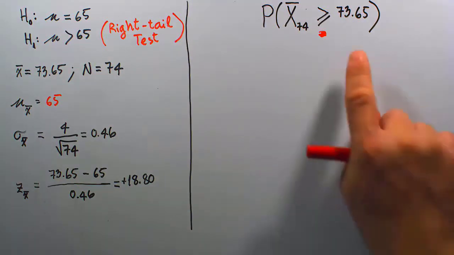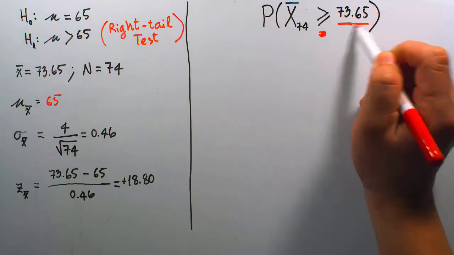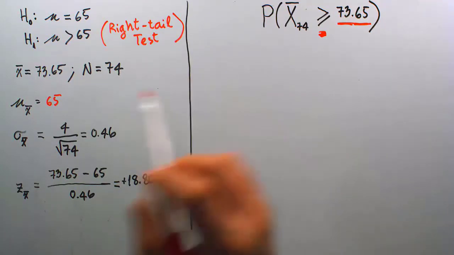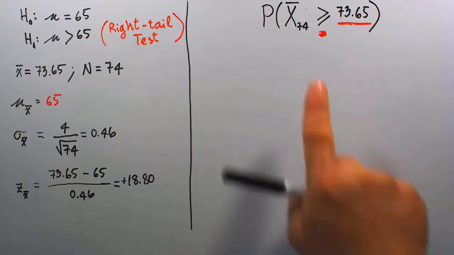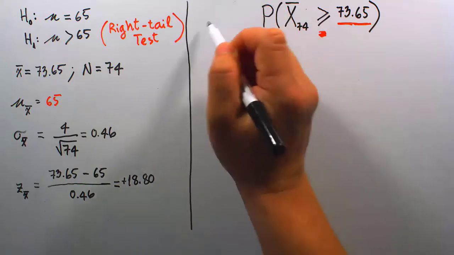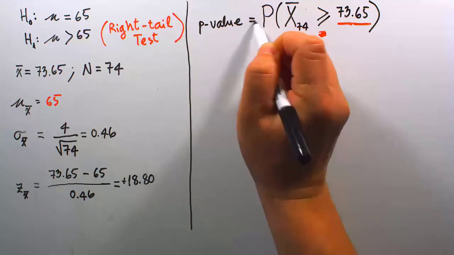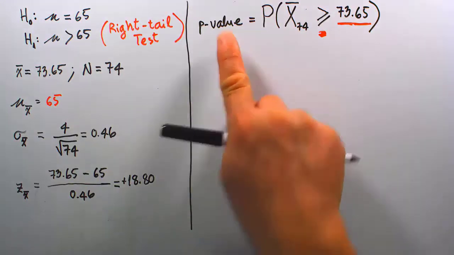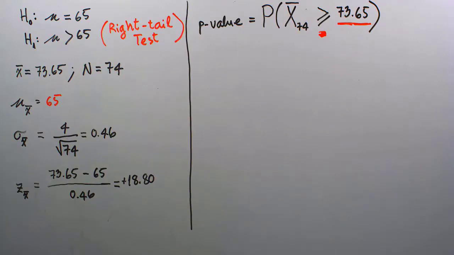And then the value that we're setting up in our probability problem is the value of our sample mean. This probability value, once we have found it, we will regard as the p-value of our sample. It's the p-value of our sample, and in this case our sample is a sample mean value.